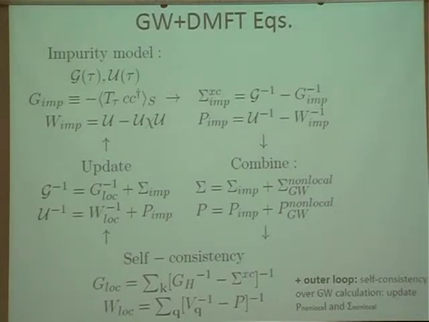And then we discussed that the essential step in GW plus DMFT is not just to go ahead with the sigma impurity and P impurity here, but to supplement these quantities by non-local parts stemming from GW. And this combination really was a consequence of the postulate for the functional, local plus non-local part. So with these non-local and local self-energies and polarization, I go into the self-consistency condition.